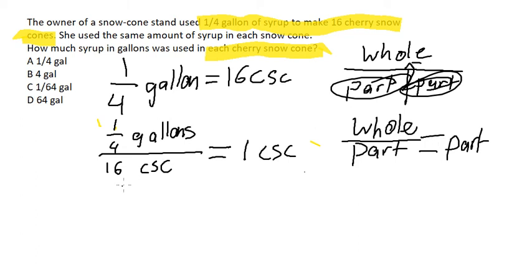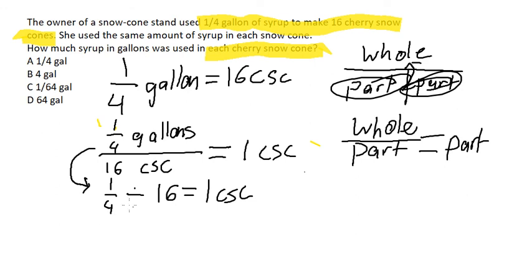So an easier way to write this, since it can be very confusing, is 1/4 divided by 16 equals 1 cherry snow cone.